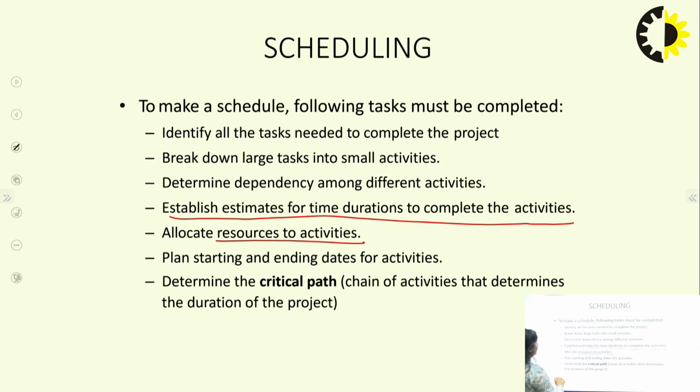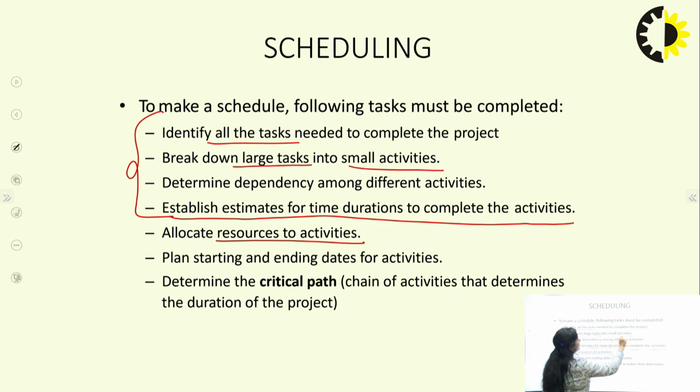As we can see, in these steps we are just identifying the activities. In the first one, we identify the tasks. In the second one, we break those larger tasks into smaller activities. In the third one, we identify the dependencies among the different activities. In the fourth one, we estimate the time duration for all these activities.